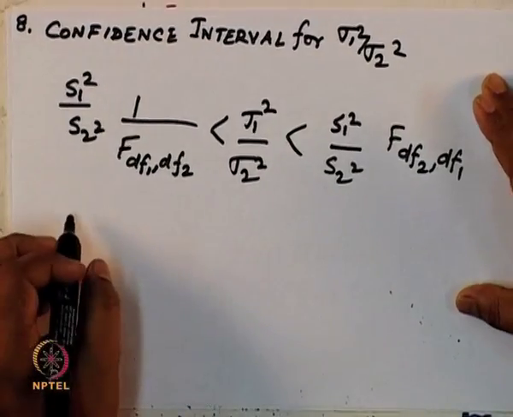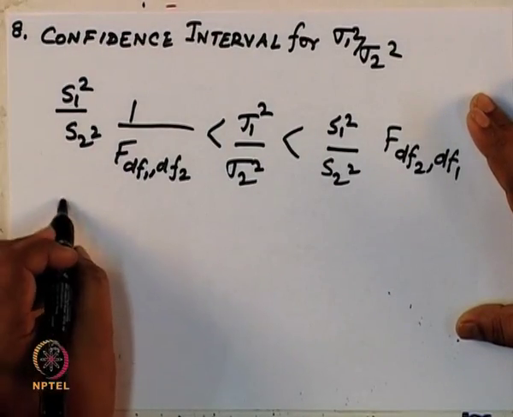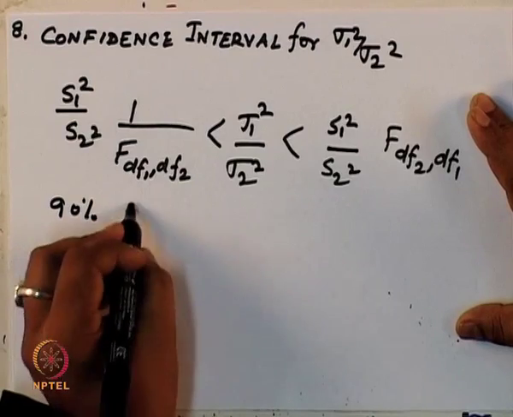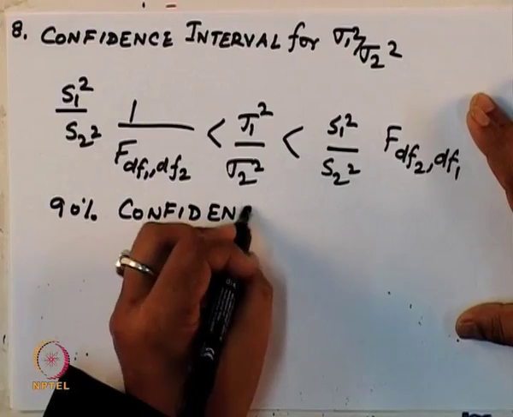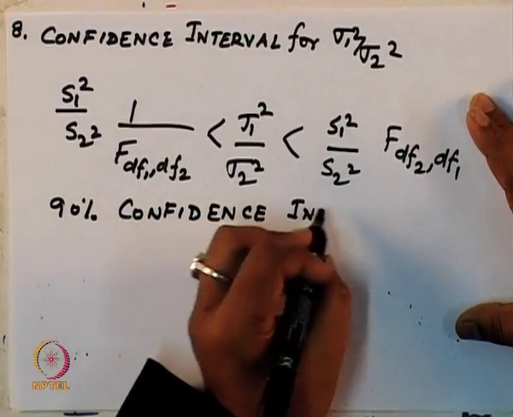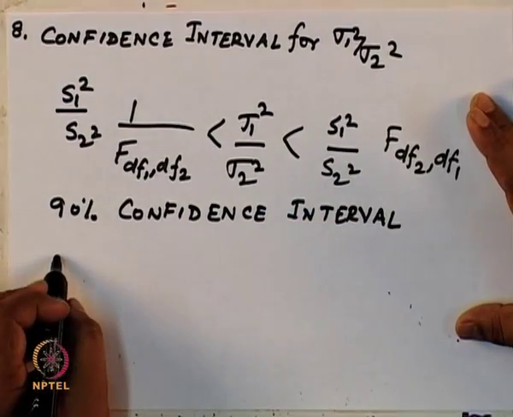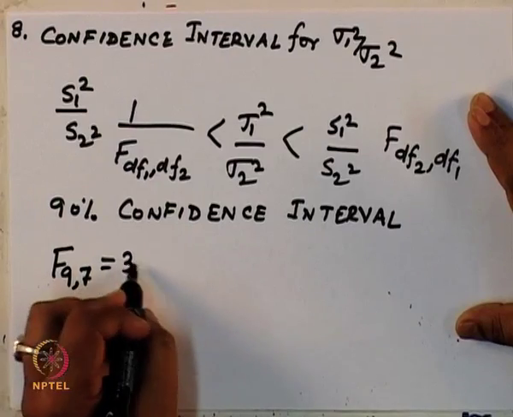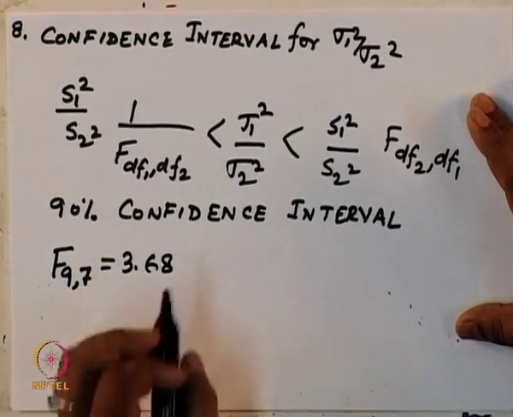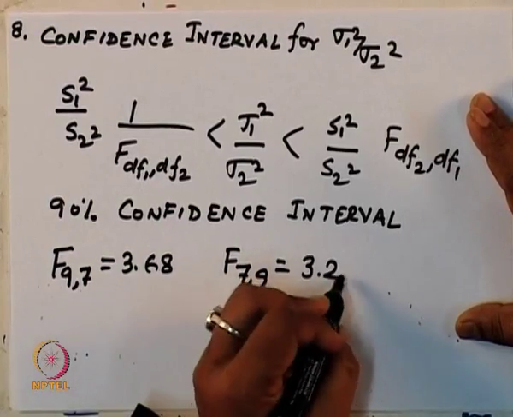So, for example, for the case that we discussed right now, for a 90% confidence interval, you can look up F of 9 comma 7, this is 3.68, and F of 7 comma 9, this is 3.29.